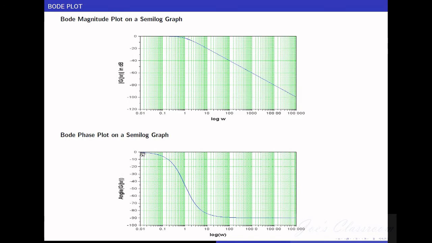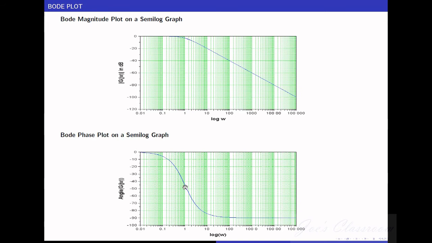And also, when you look at the phase plot, what we understand is at lower frequencies, the phase shift introduced into the input signal will be very, very small. But as the frequency increases, at around 1 radians per second, the phase shift that will be introduced will be minus 45 degree. Minus 45 degree means that the output will be lagging the input by 45 degree.